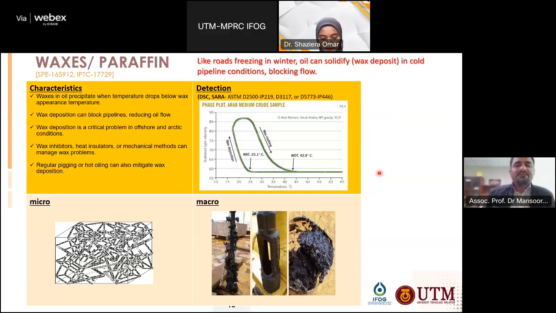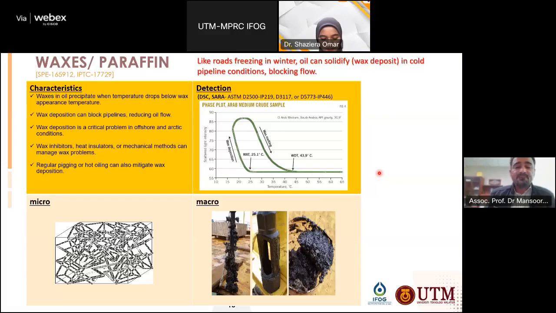So when the temperature of the oil rises above the WDT, the wax starts to melt and flow again with the oil. It's typically higher than WAT because of hysteresis, a phenomenon where the dissolution process requires more energy than the crystallization process. So here it's important to know these parameters to design appropriate strategies to manage wax problems in oil production.